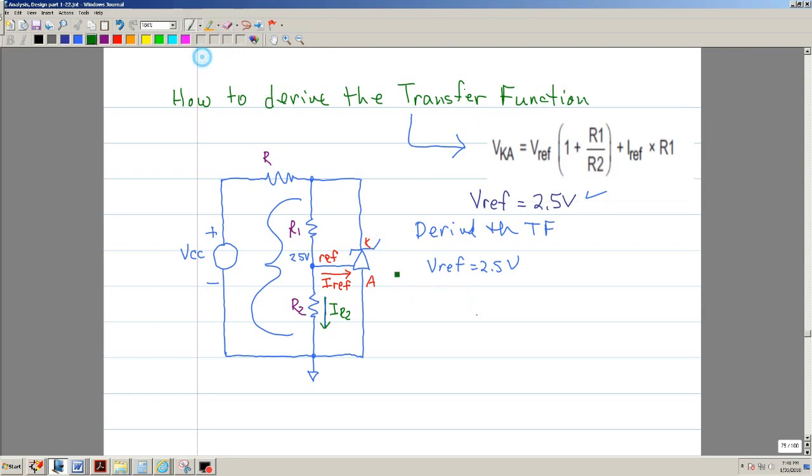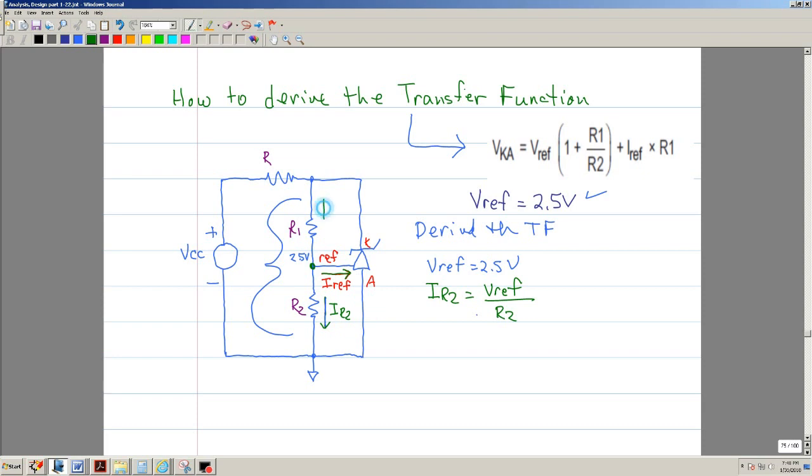We can say that Vref is actually, let me do it correctly. We're going to say that the current through R2 is actually Vref divided by R2. Okay, so that's one current, this current. And we know we have this current here coming out of this node.